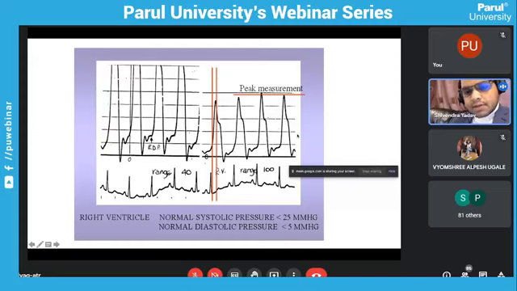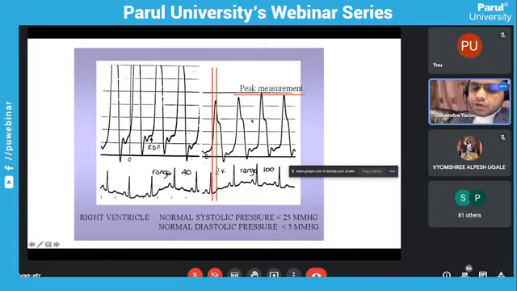Whereas in left-sided cardiac chambers, they are delivering, pushing it out, and hence the pressure is very high there. So the pressure in RV is about 15 to 30 systolic and 1 to 7 diastolic.